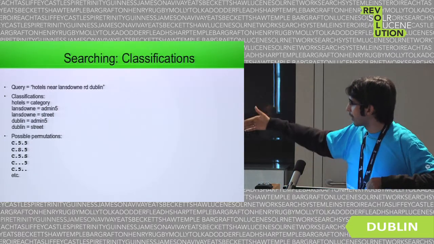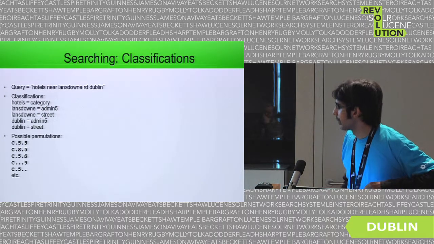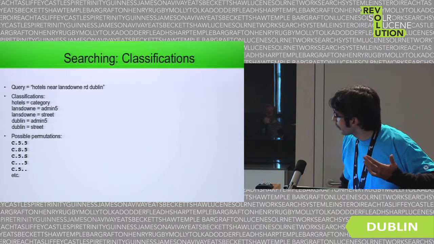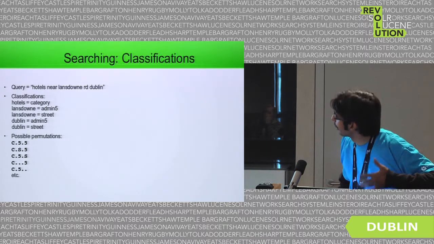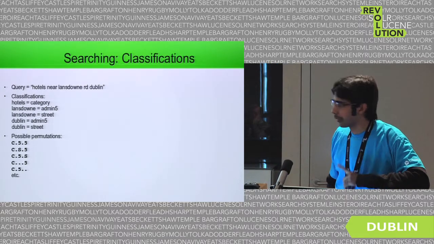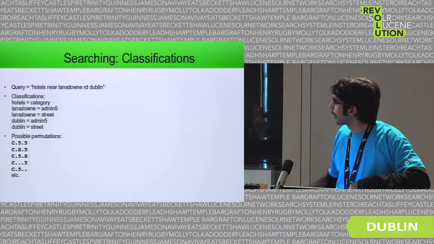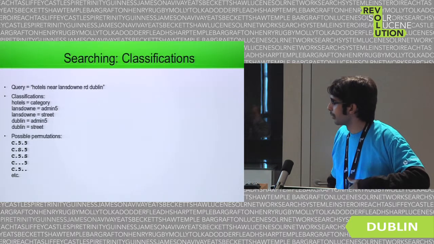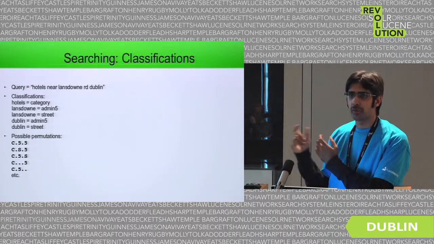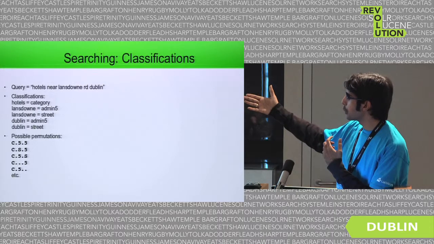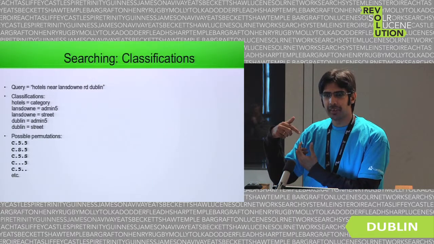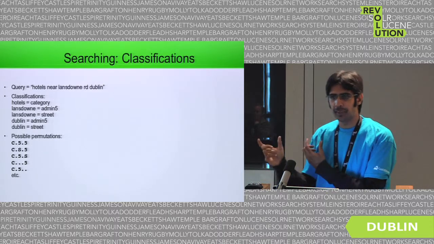And there's the second permutation, which says hotels is a category, Lansdowne is a street, and Dublin is a city, which is probably the one that we are interested in. And there could be other possibilities. So the idea is, once we have established a containment relationship, whereby Lansdowne Road is contained within Dublin, and hence it's part of this query.